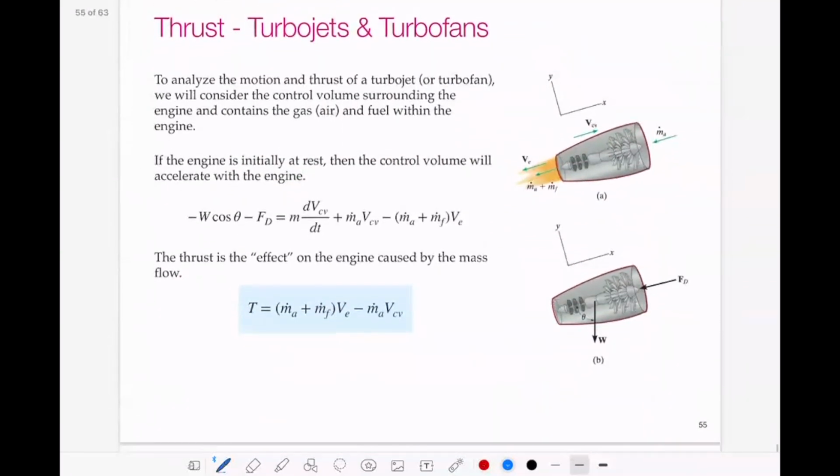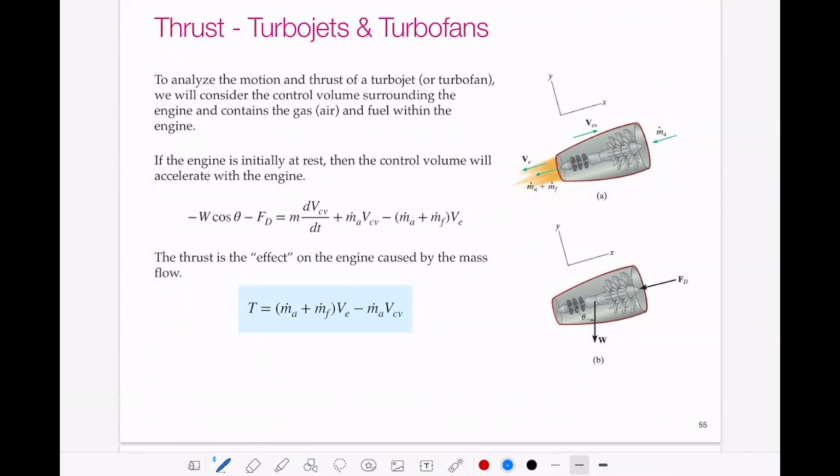So we can calculate the thrust for both of these the same way. To analyze the motion and the thrust of a turbojet or a turbofan, we'll consider a control volume that is encapsulating the engine, and it contains all of the gas, air, and fuel within the engine. So if the engine is initially at rest, then the control volume will accelerate with the engine.